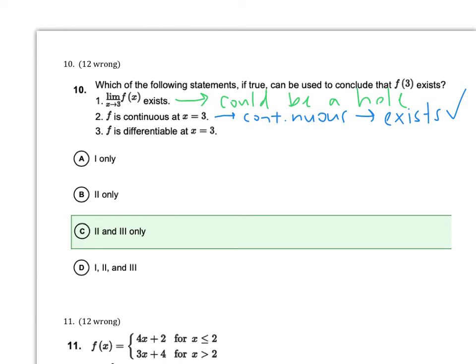Well, remember, differentiable implies continuous, and if it's continuous, that implies that it exists. So that one works too. So the best option is going to be C.